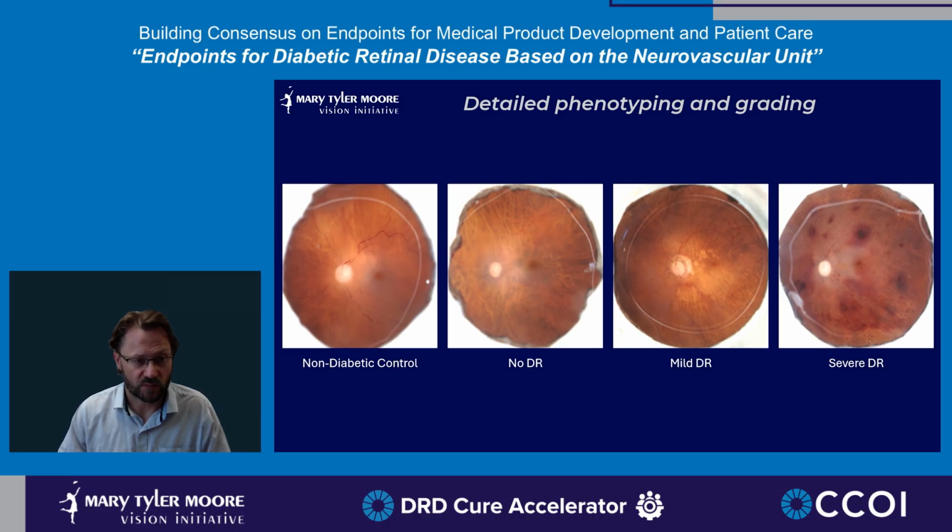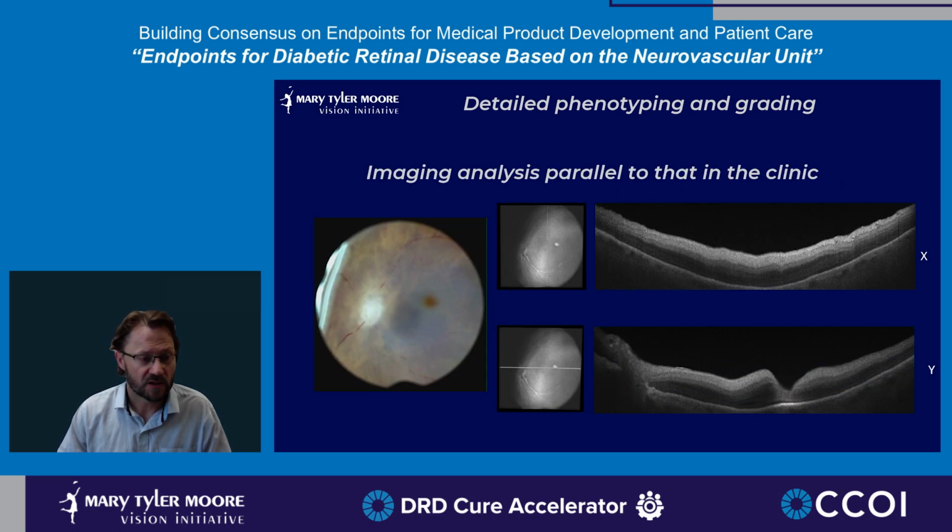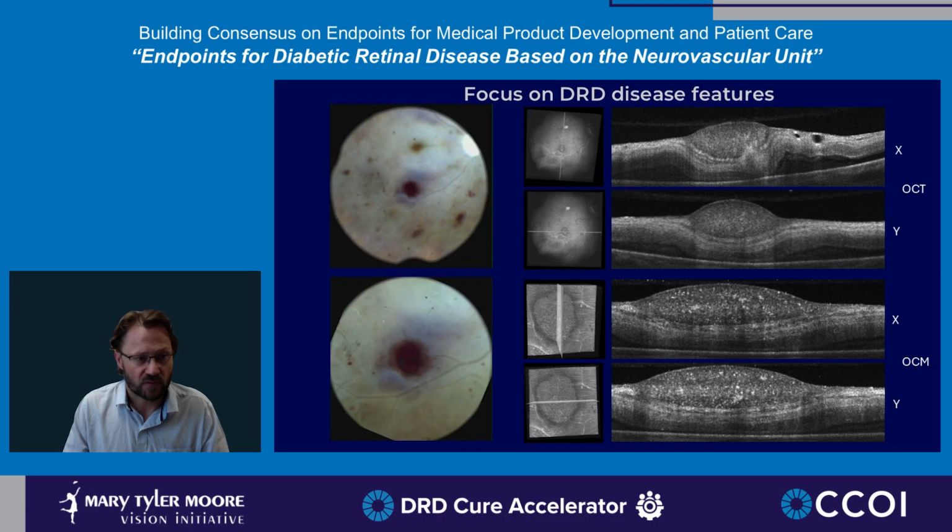For this, we are performing fundus photographs and, parallel to the clinic, joint assessment of the retina through OCT analysis. Here I'm showing you the correlation between the fundus on the left-hand side and the corresponding region assessed by OCT. And we do the same thing for all donors with and without diabetes and DRD.